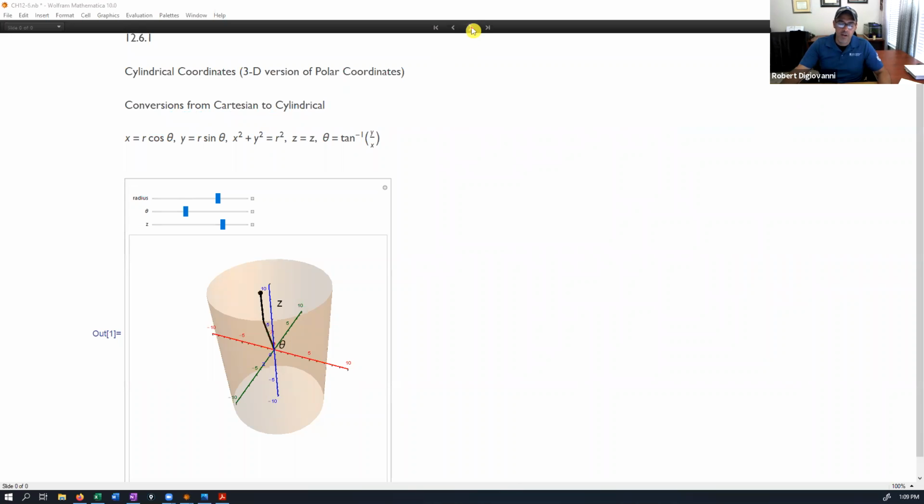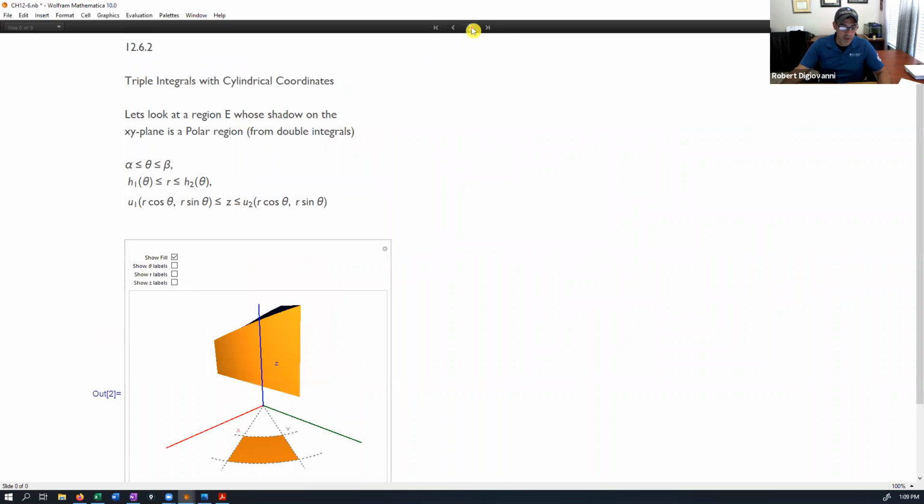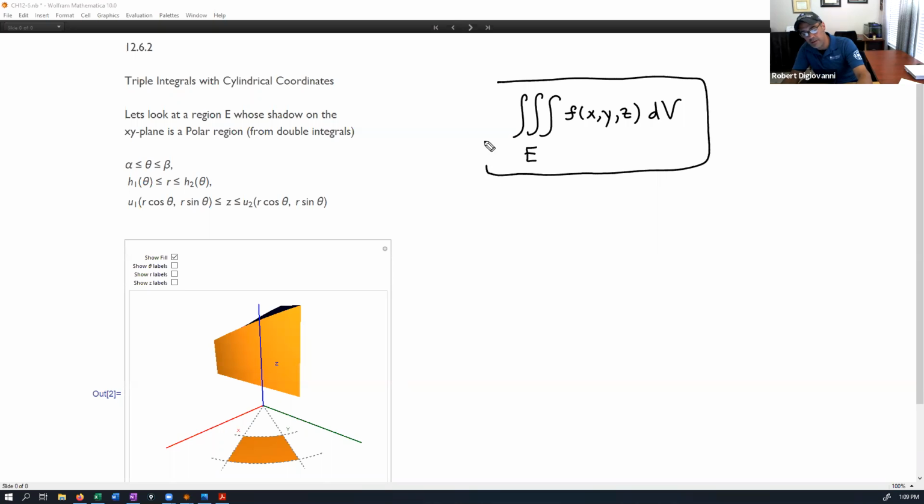Okay, so how do triple integrals work here? Remember, this is all under the assumption that we have some triple integral over some solid E, of some function of x, y, z, dV. This is what this idea of triple integrals all started with.